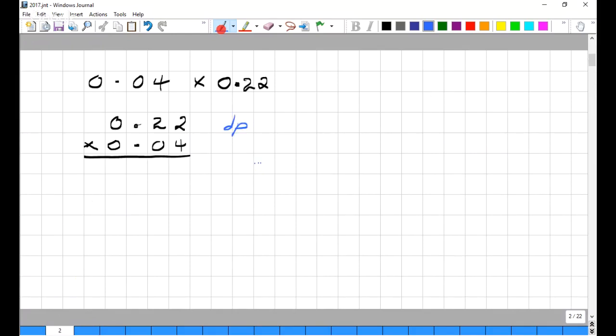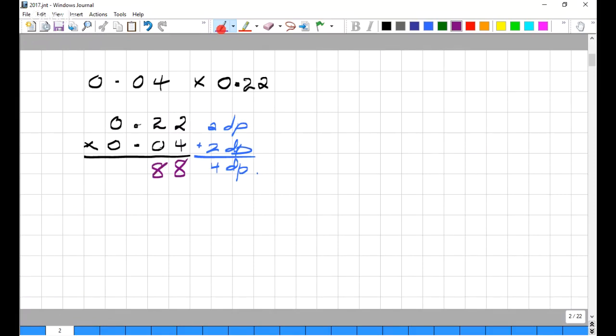Let's jump back now. I'm working out the problem. Two decimal places and 2 decimal places. Our answer should have how many decimal places in all? 4 decimal places. Decimal places, not points. All right, let's work this out. Four times 2 would give us what? 8. And 4 times 2 would give us what? 8.